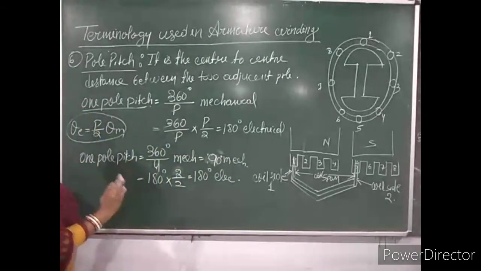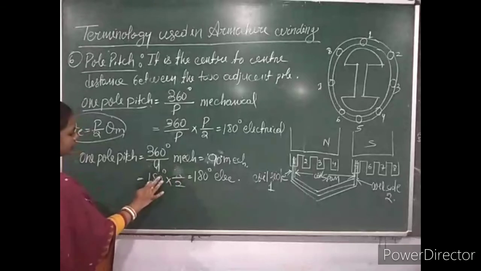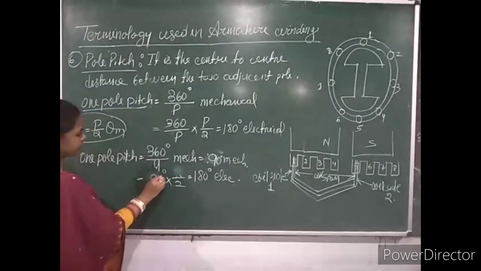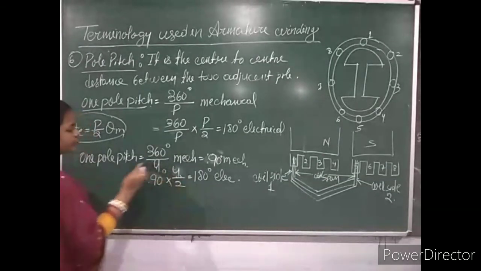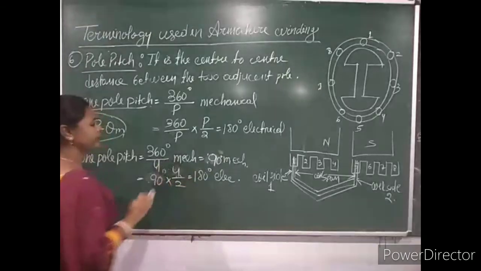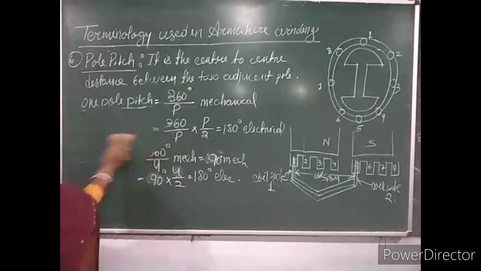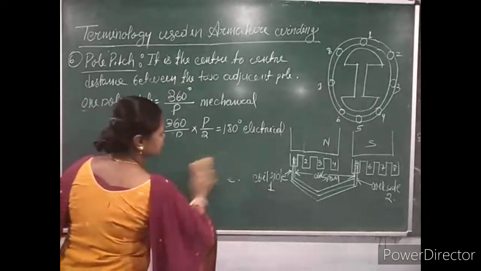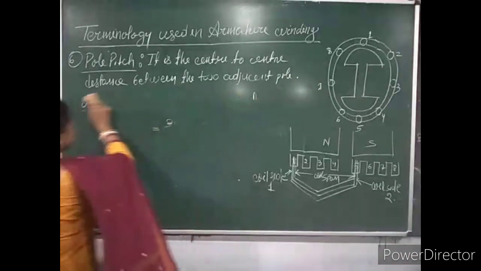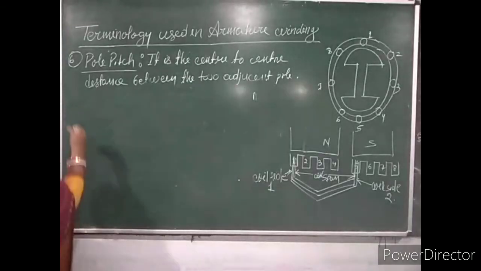So what is the theta electrical? In place of 180, here I have 90, right? Multiplying by 4 divided by 2, I again get 180 degrees, and so on. Pole pitch is also defined in terms of slots.